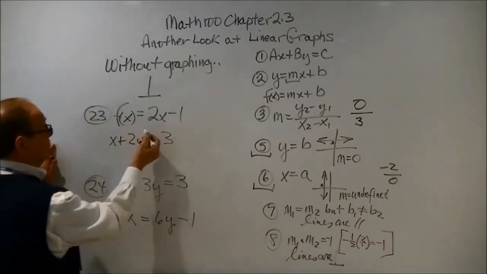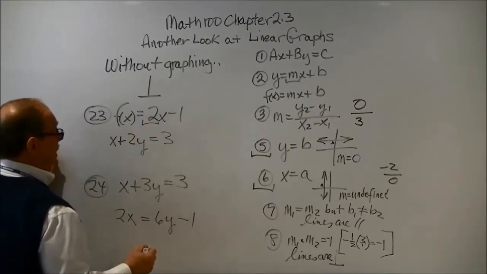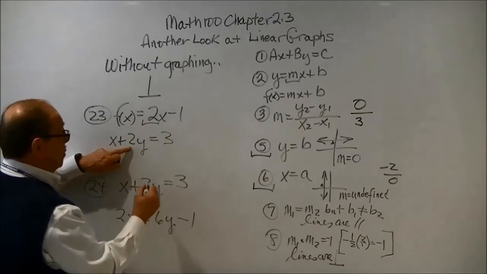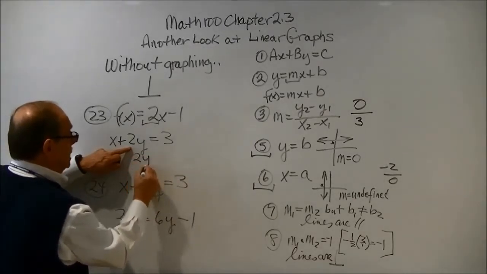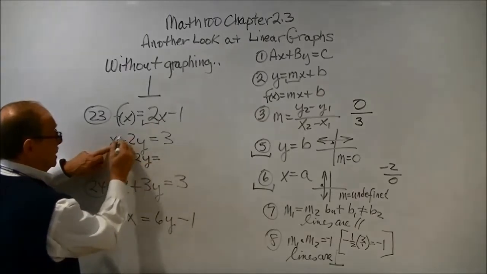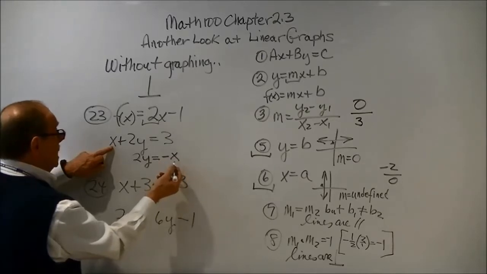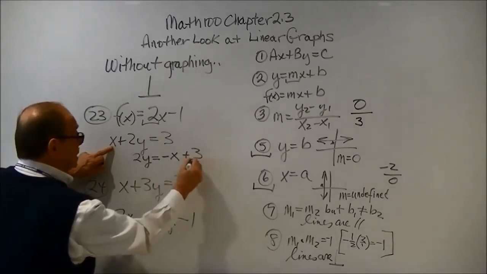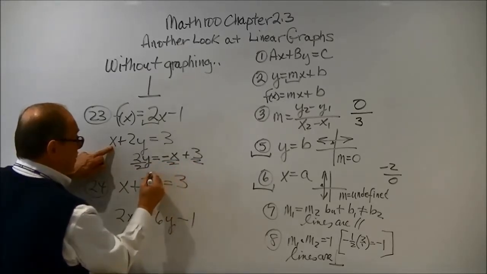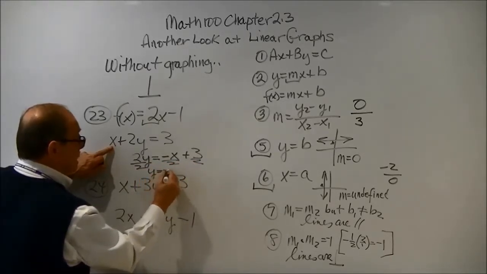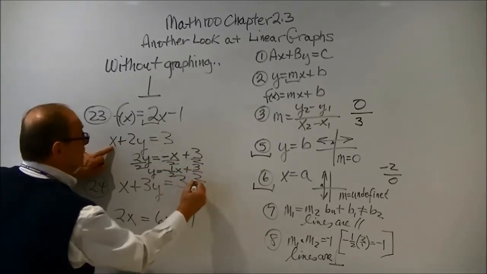Now this one's in function notation, but the slope is 2. So let's solve for y here. So we're going to get 2y, bring the x over to this side as an opposite sign, transpose, -x plus 3, divide everything by 2, and we're going to get y equals -1/2 x plus 3/2.